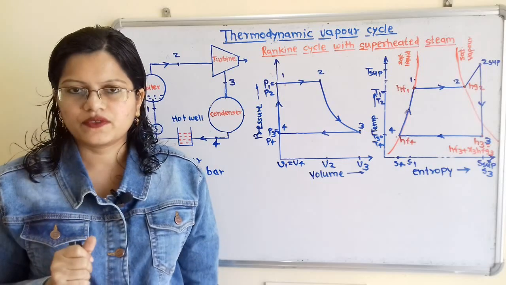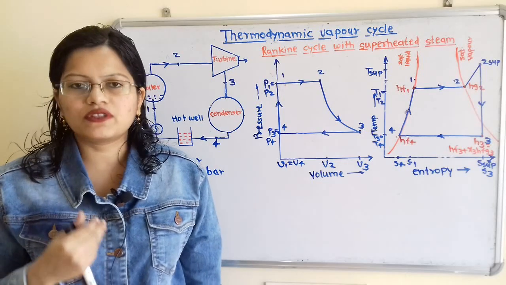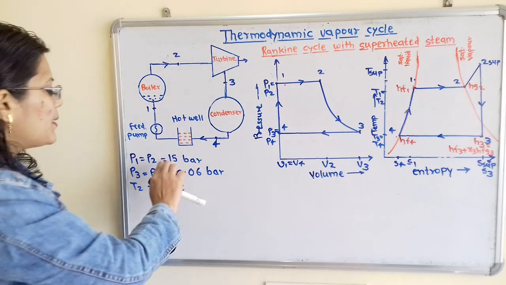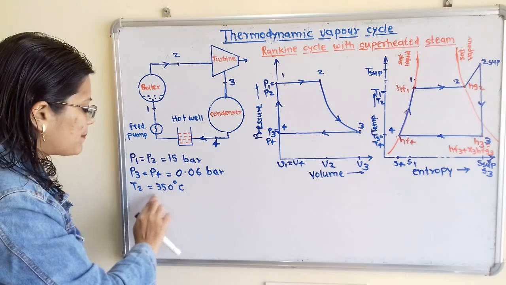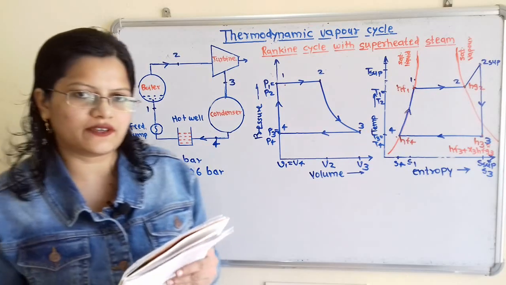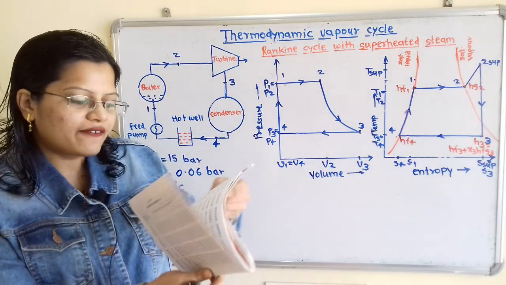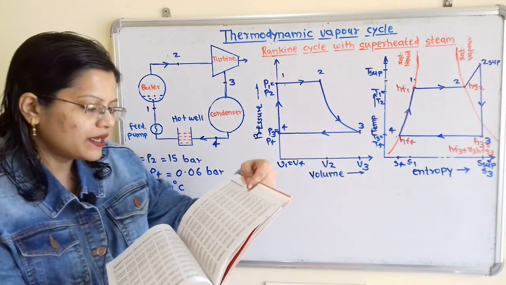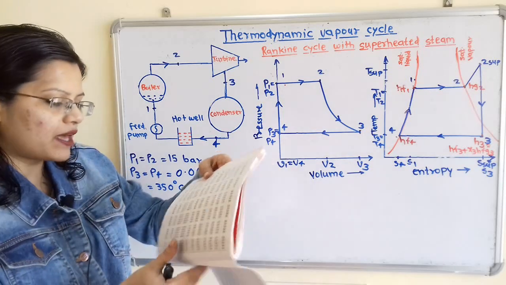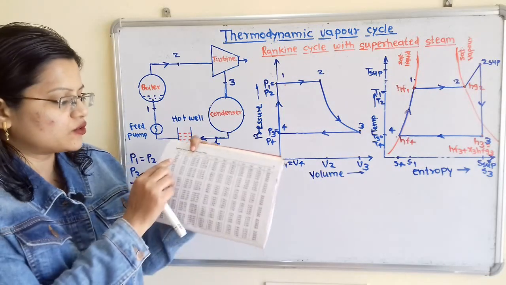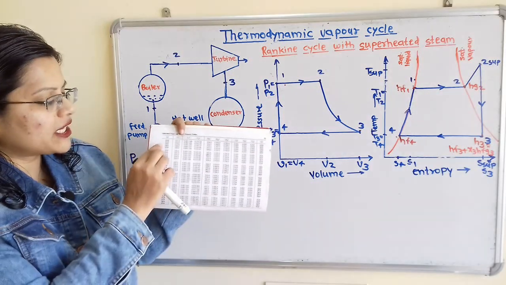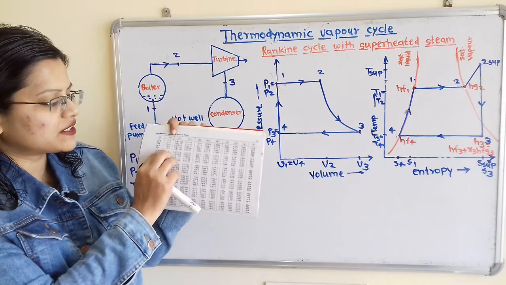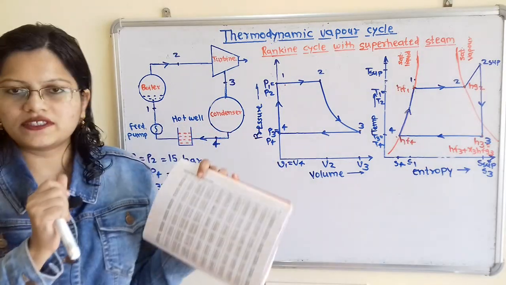Now if we observe this question, the word superheated is not used, but this is the case of superheated steam. So how can we find this out? For that, if we observe the first sentence, pressure is 15 bar and temperature 350 degrees Celsius is given. Now we will refer to the pressure table, saturated water and steam pressure table. At 15 bar, what is the corresponding temperature? In the first column pressure is given in bar, 15 bar, and in the second column temperature is given, it is 198.3.